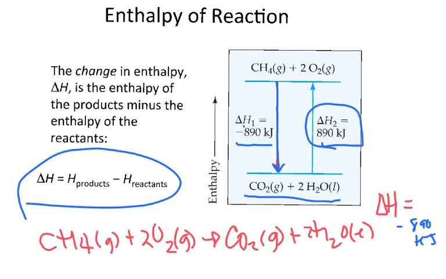And say you're asked, though, about the reverse of this reaction. What you have to know is that if you're doing this reaction in the reverse, it's going to change the sign of this enthalpy of reaction. So this is a very important point. So please take note of it.